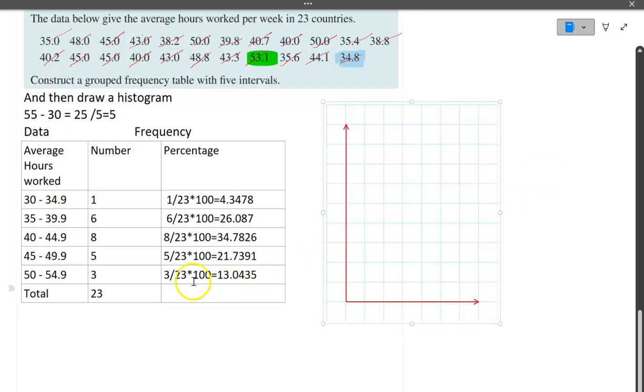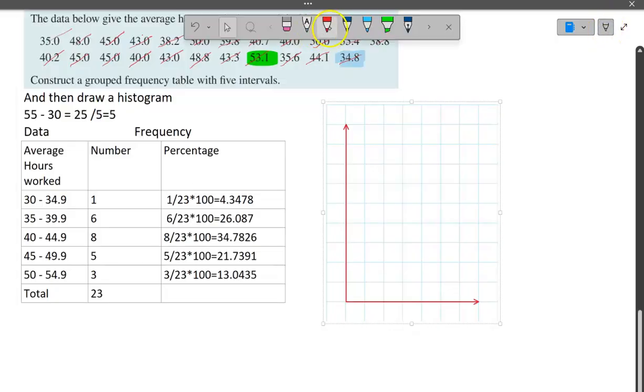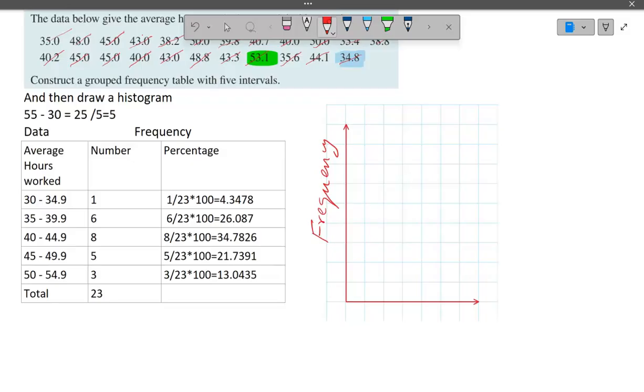So see the first one, 34.9. Let's first of all label it. So labeling will be like so. This area is frequency and this area is average hours worked.